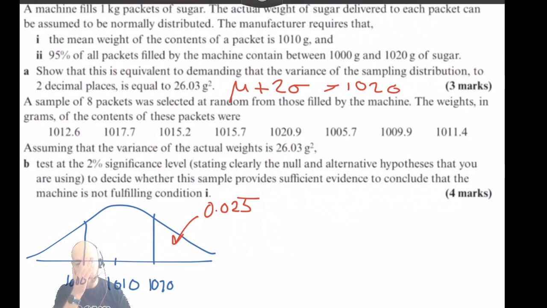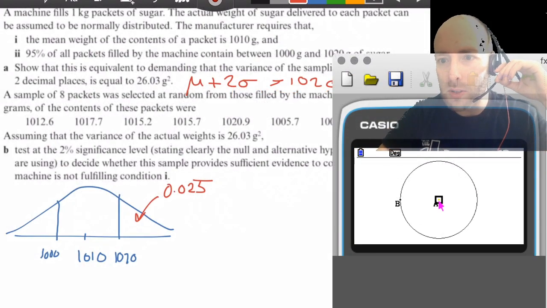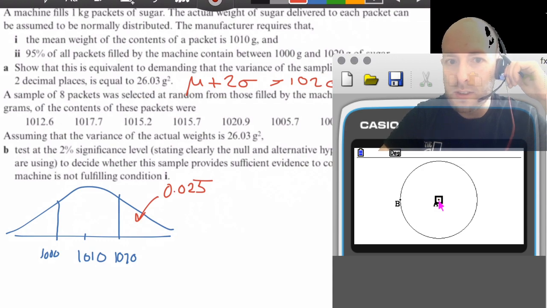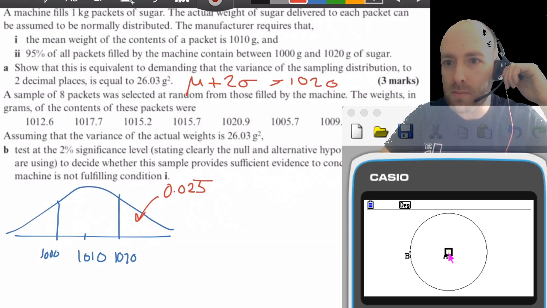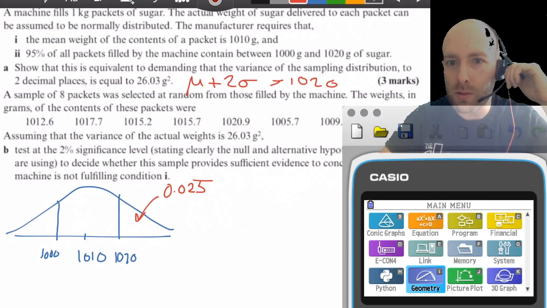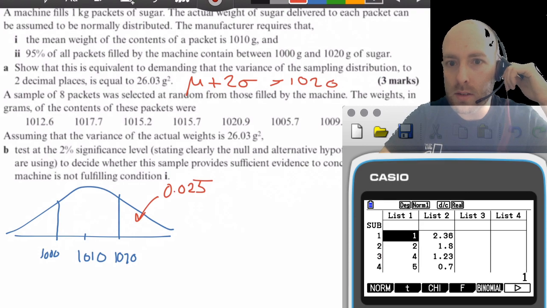So on our calculators, if we go to Inverse Normal, dist norm InvN.